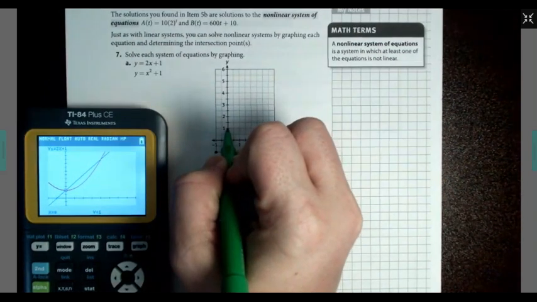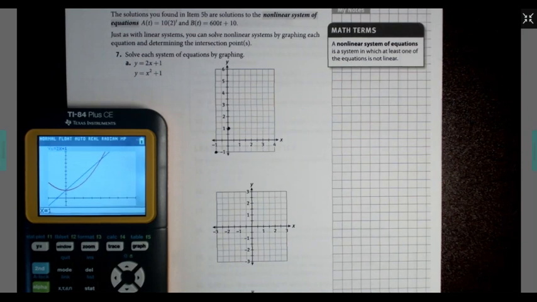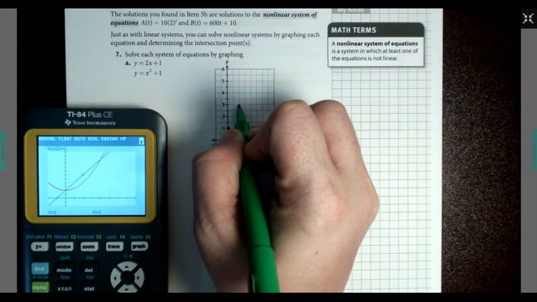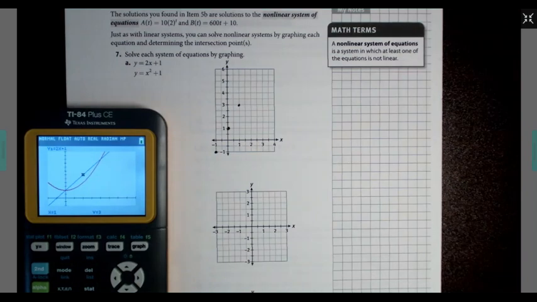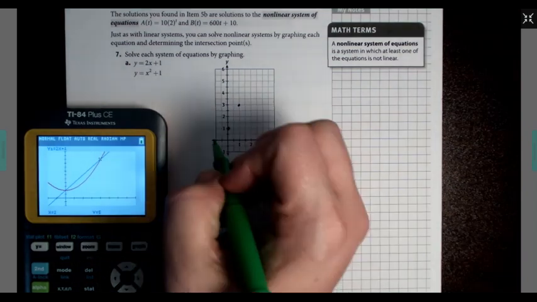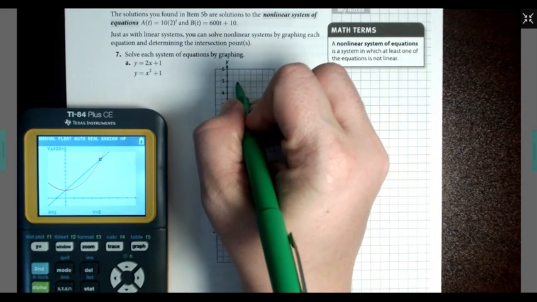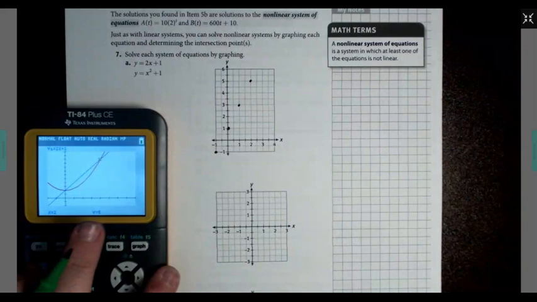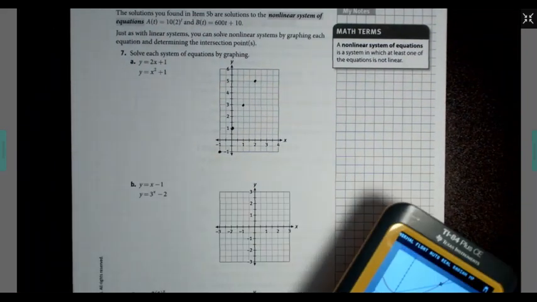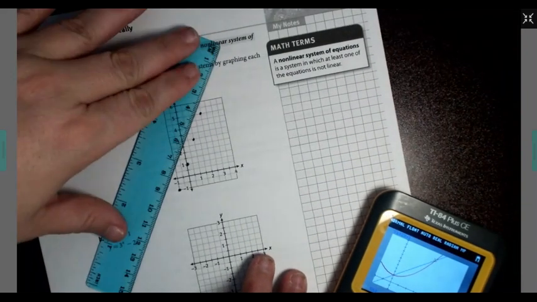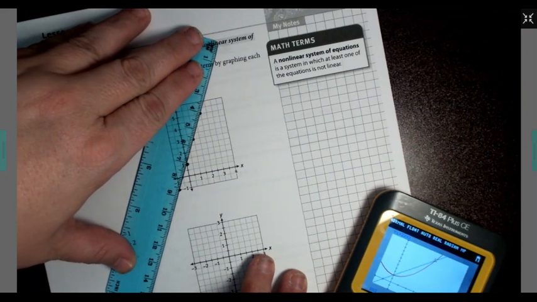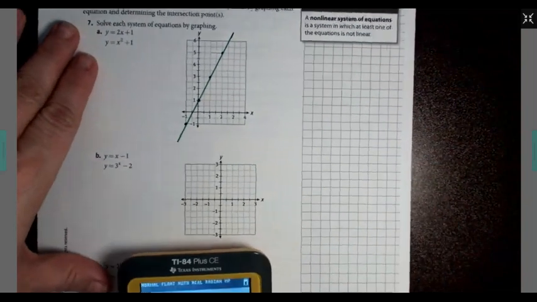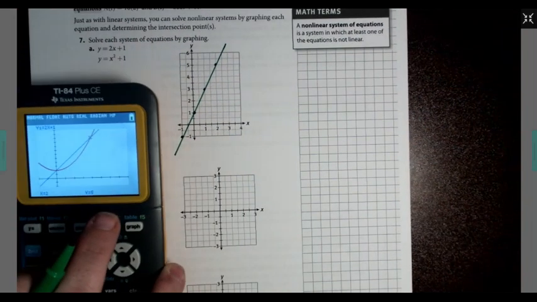It's at +1. At 1, it's at +3. At 2, it's at +5. And that next one's going to be off, so we're not going to graph that one. But this is a linear function, so I can graph that with a straight line, like so.